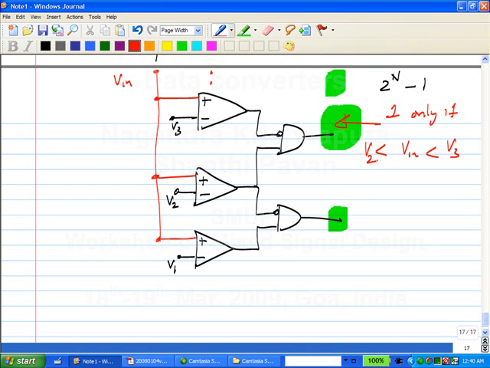Alright. So one single input can lie in only one bin at a time, right? So clearly, even though you have many wires here, as we do, only one of them will be high, all the others will be low. That makes sense because the input is only lying in one bin at a time. It can't keep lying simultaneously in 4 bins.